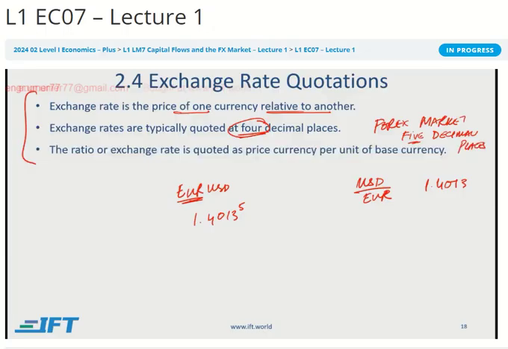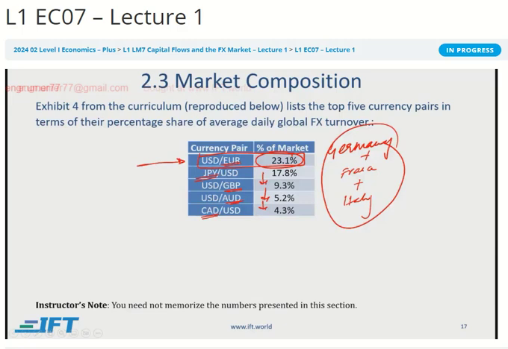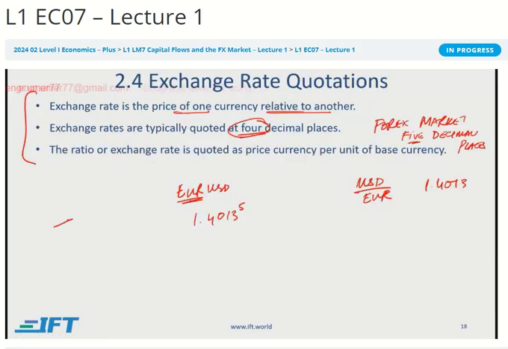Also, something you're not required to know, but I will tell you for your general understanding, is quotes like JPY USD. First of all, it has USD as the base, but in the market you will see it written like USD JPY, even though USD is the base, but it is written first.